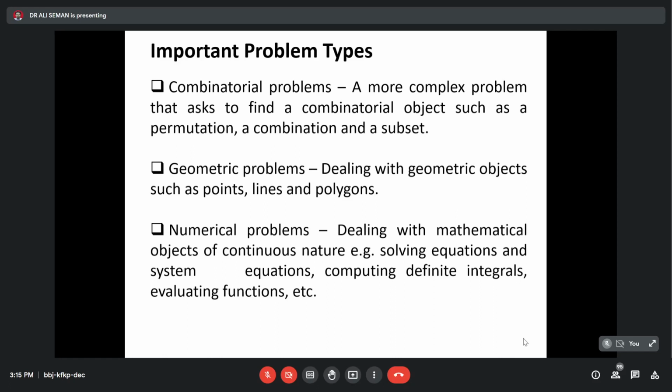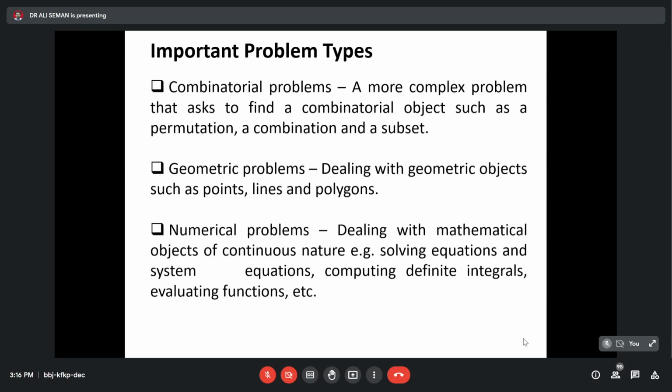Next is the geometric problem, dealing with geometric objects such as points, lines, and polygons. This requires a basic understanding of geometry, especially for those interested in the core fundamentals of multimedia. This is the basic.